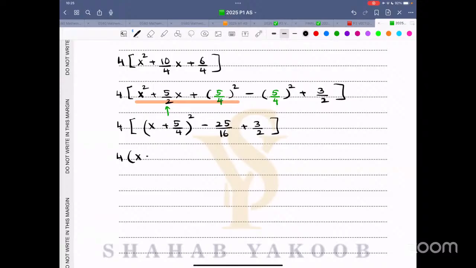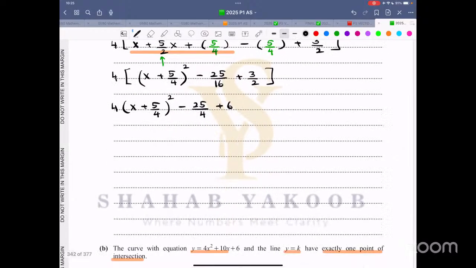That is 4 times x plus 5 over 4 whole square. That is negative 25 over 4. And what else? 3 over 2, 2 ones are 2, 2 twos are 2, 3 twos are 6, like this. And then 4 sixes are 24. So minus 1/4, and this is 4 times x plus 5 over 4 whole square.